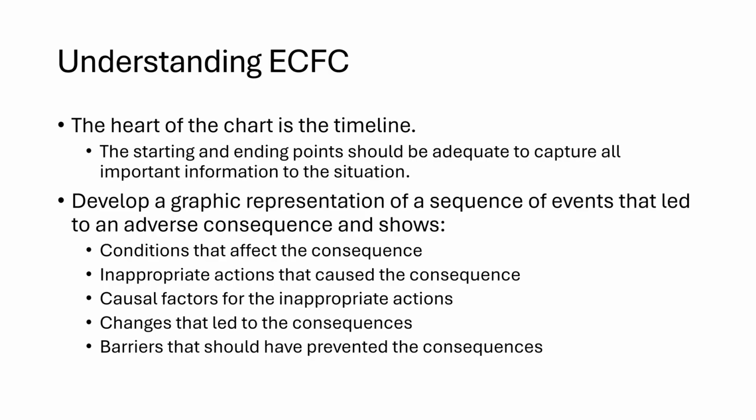Typically, you will start your chart a bit before the event, and it will continue a bit after the event. So you develop a graphical representation of a sequence of events that led to an adverse consequence. What it will show, when done correctly, is the conditions that affected the consequence, inappropriate actions, if present, causal factors, changes that led to the consequences, and the barriers that should have prevented the consequences.